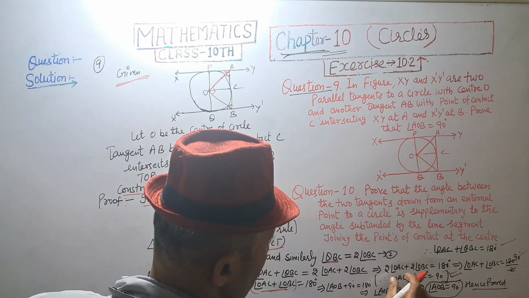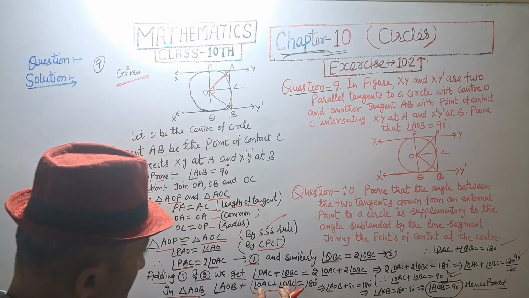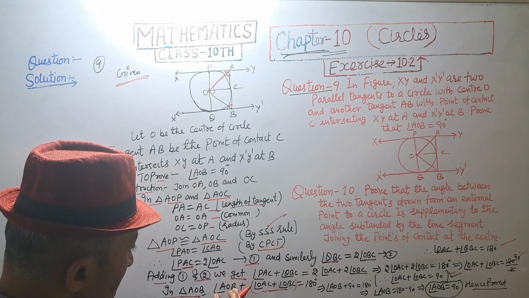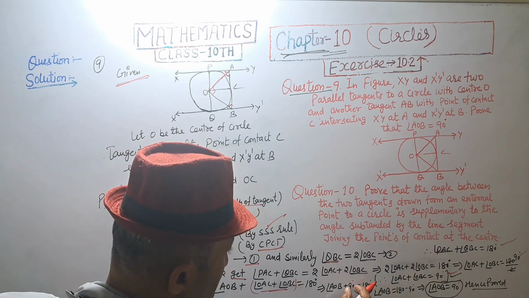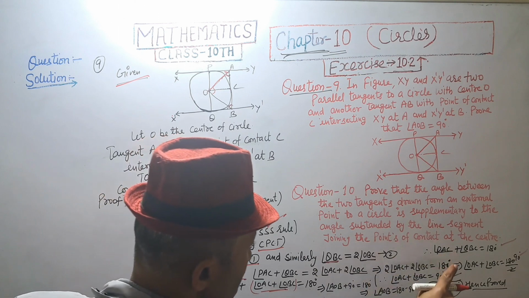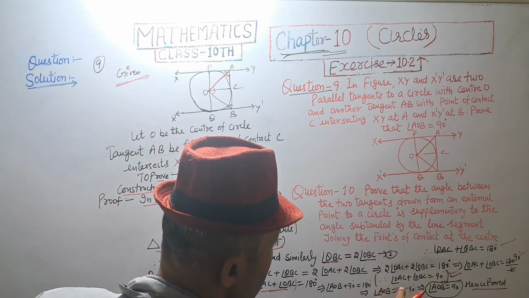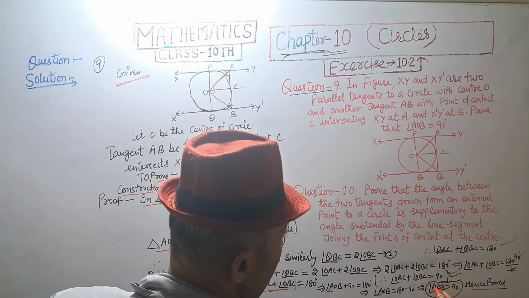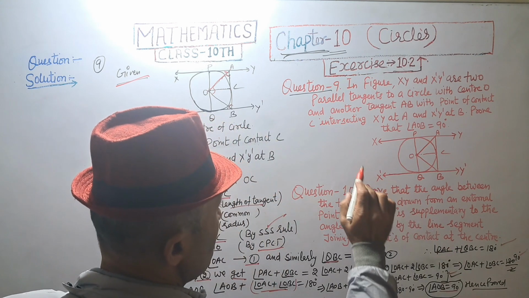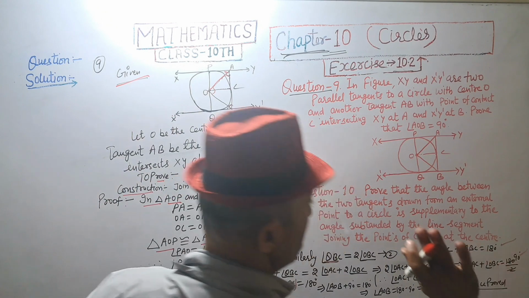We get angle OAC plus angle OBC is 90 degrees, put in here, and angle AOB is equal to 180 minus 90, that is equal to 90 degrees. Angle AOB is equal to 90 degrees, hence proved.